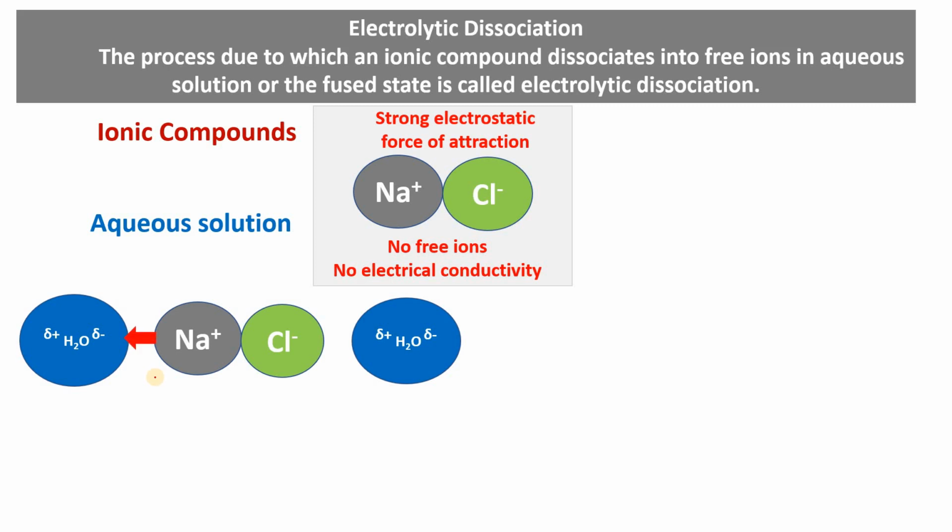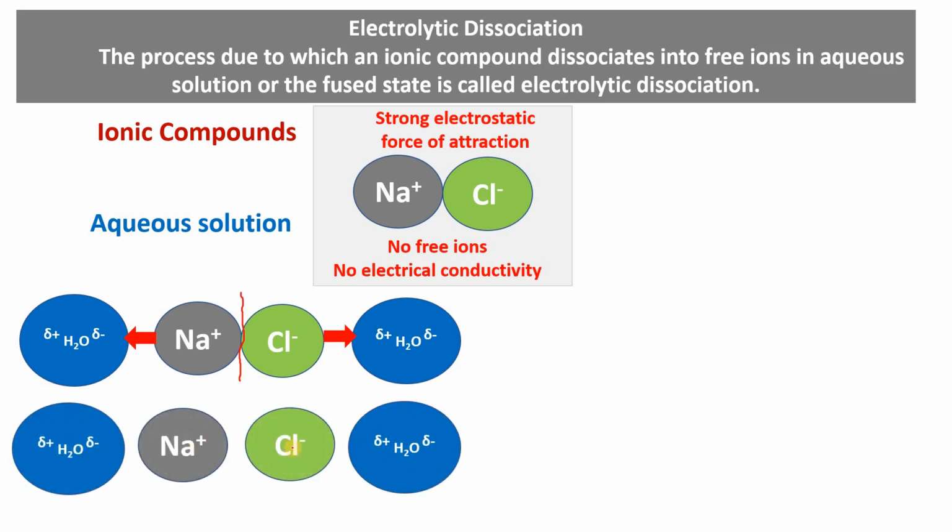So there is a pull force between sodium cation and oxygen of water, and in the same way there is a pull force of attraction between the positively charged hydrogen atoms of water and the chloride ion, as a result of which the bond between sodium and chloride ion breaks, and free sodium cation and free chloride ion get formed in the aqueous solution.